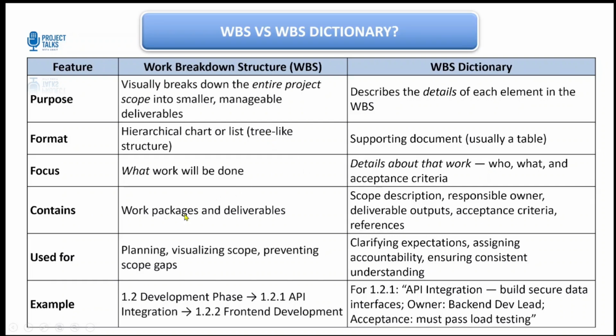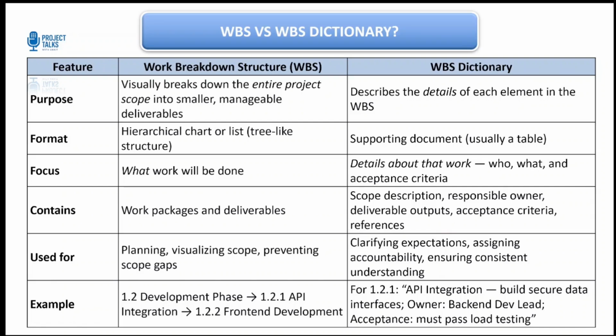Now, WBS contains work packages and deliverables. WBS dictionary contains scope description, responsible owner, deliverable output, and acceptance criteria references. WBS is used for planning, visualizing scope, and preventing scope gaps, whereas WBS dictionary is used for clarifying expectations, assigning accountability, and ensuring consistent understanding.